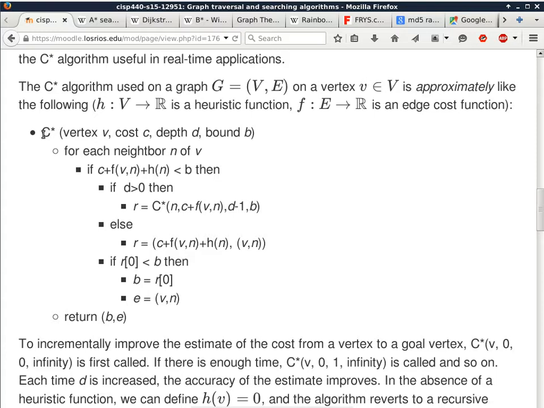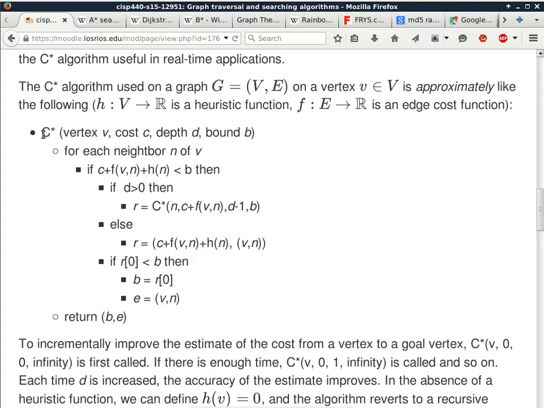It doesn't really matter. Then you will explore not only the first tier but also the second tier vertices, and the estimates will now be more accurate because we are now actually exploring the cost of 2 vertices or 2 edges and leaving the rest to just the heuristic. If you have time left, you increase the depth to another number, and you keep increasing the depth until you run out of time.